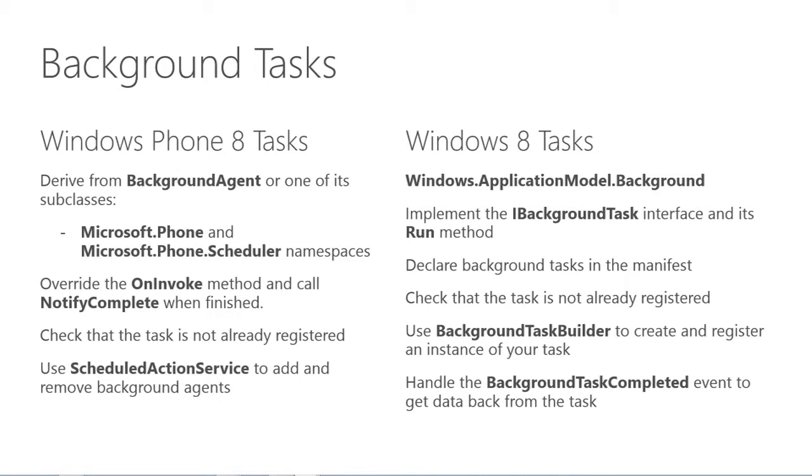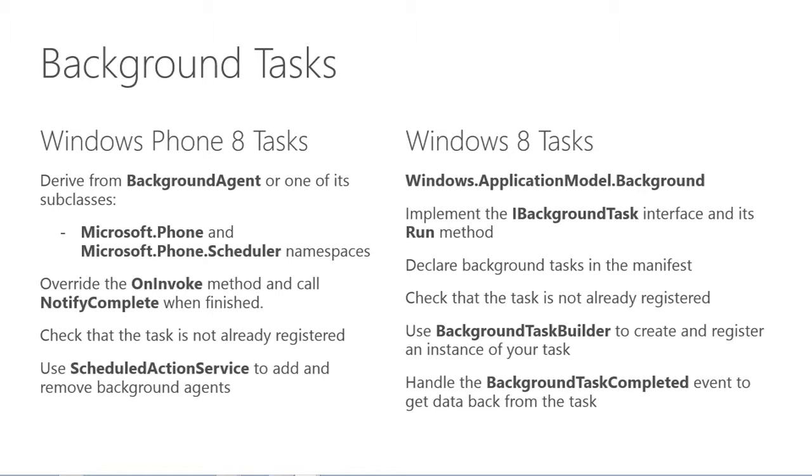If we look at Windows Phone on the left and Windows 8 on the right, Windows Phone 8 tasks derive from the background agent or one of its subclasses, in the Microsoft.Phone and Microsoft.Phone.Scheduler namespaces. You basically override the OnInvoke method and then call NotifyComplete when you're done to let the operating system know that your background task is done and they can move on to the next background task.